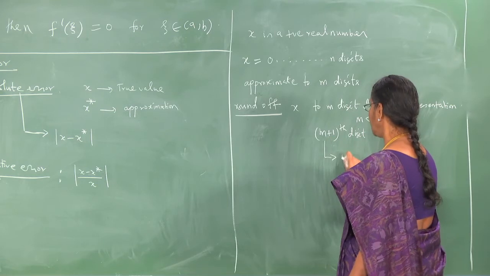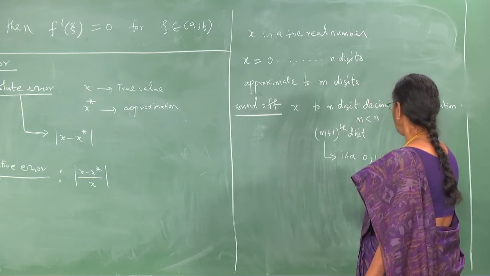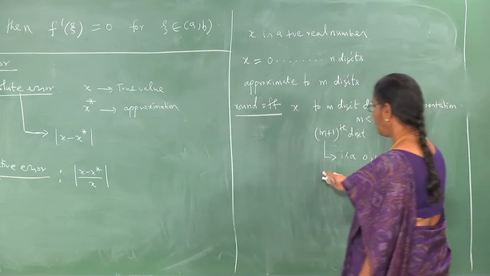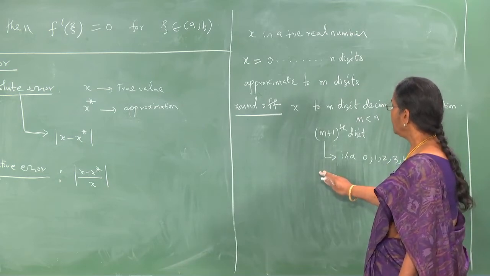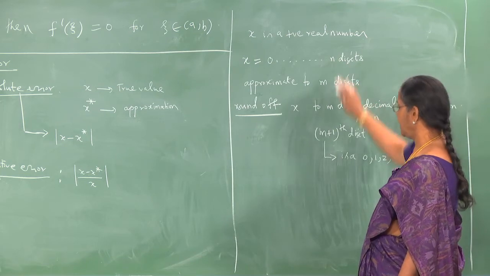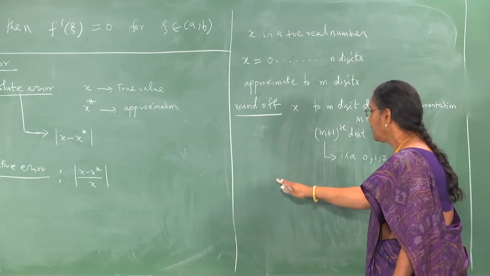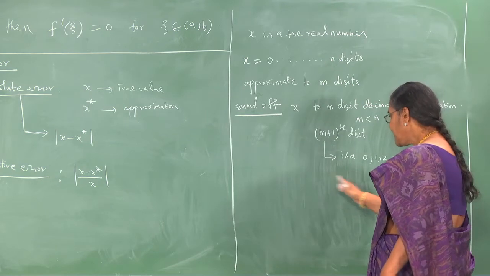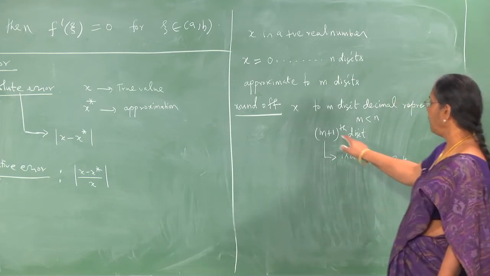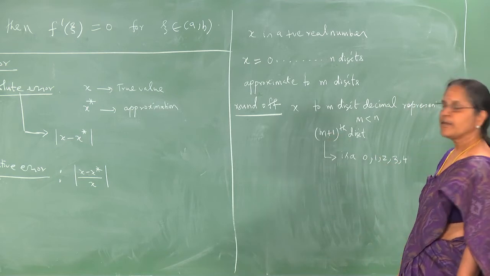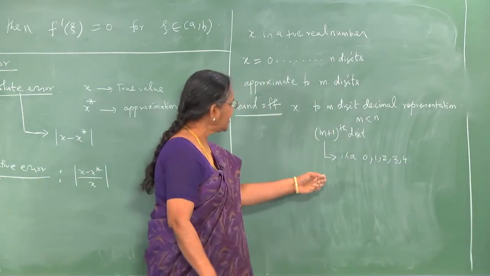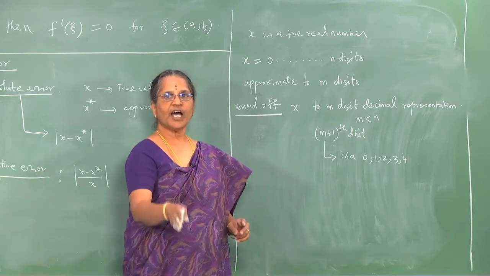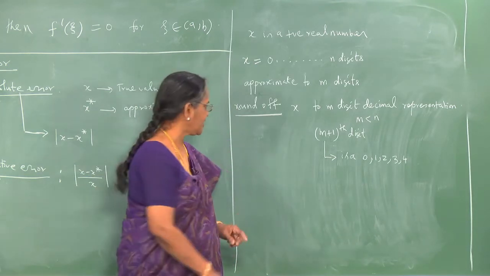If the m plus 1th digit is a 0, 1, 2, 3 or 4, then I round off the number such that the first m digits are the same as that of x, and I discard all the digits beyond the mth digit, namely the m plus 1th digit and the digits after that.